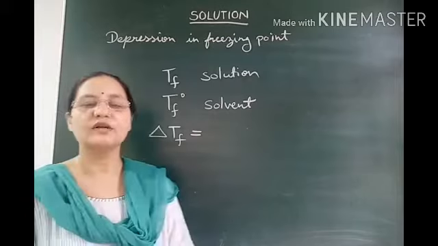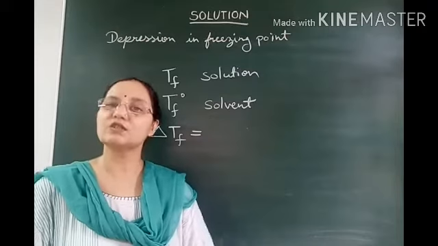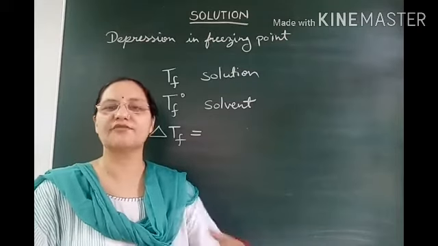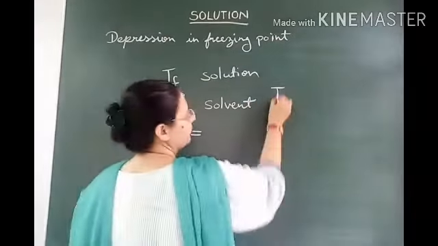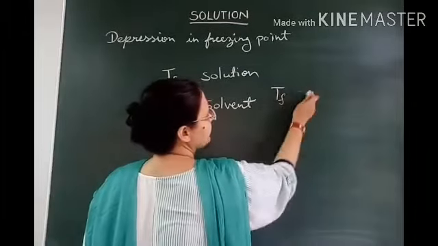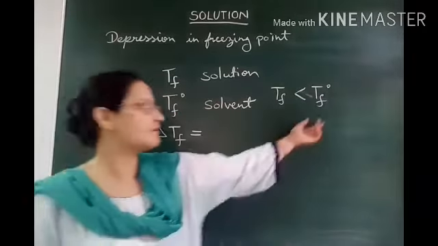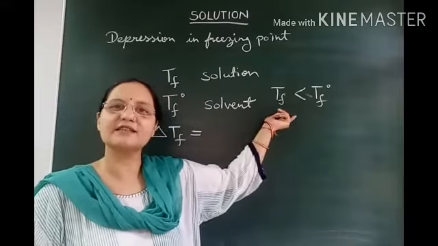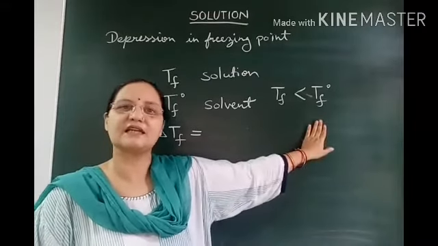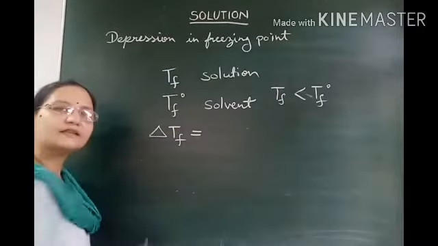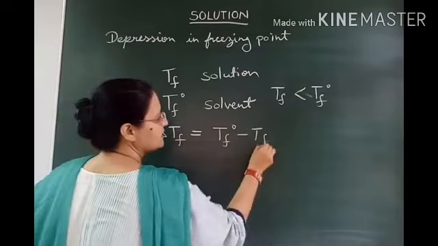As I have told you, whenever we add any non-volatile solute to the solvent to make a solution, the freezing point decreases. So Tf is less than Tf naught. The freezing point previously is more, and after adding the solute it decreases, so the value of Tf is less than Tf naught. So to calculate the difference, we will write Tf naught minus Tf.